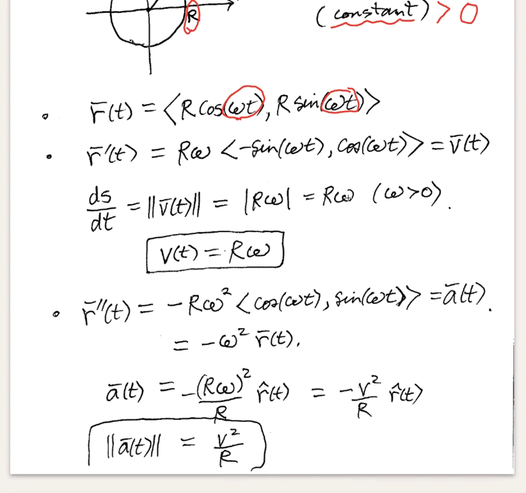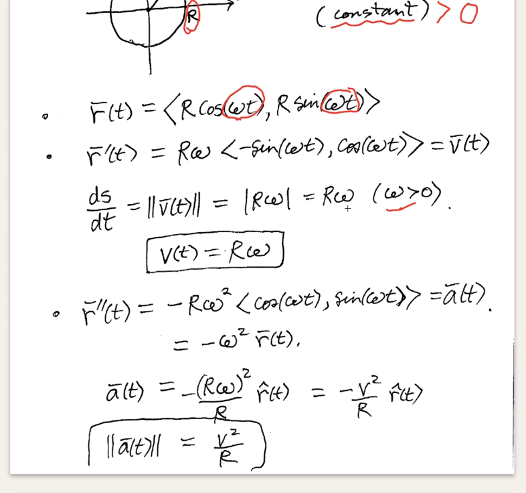Anyway, let's talk about speed now. Speed is the magnitude of the velocity. So let's take the magnitude of this. You can see this is a unit vector right here, so when we take the magnitude, all we're getting is the scalar r omega, because both r and omega are positive here. So the speed is r times omega.